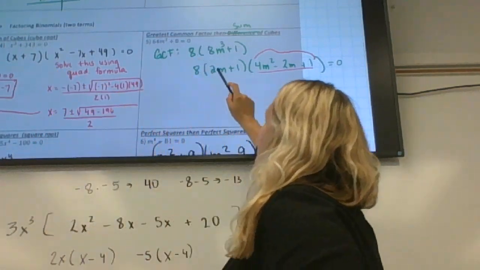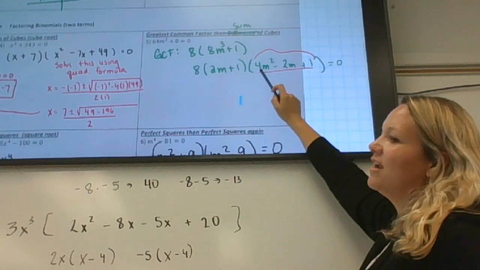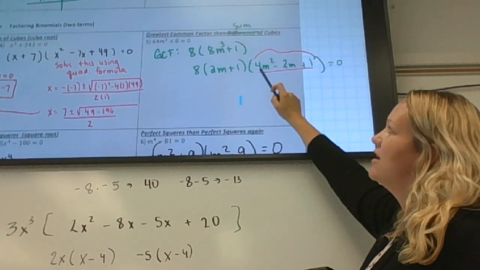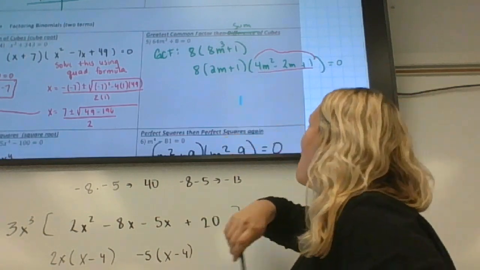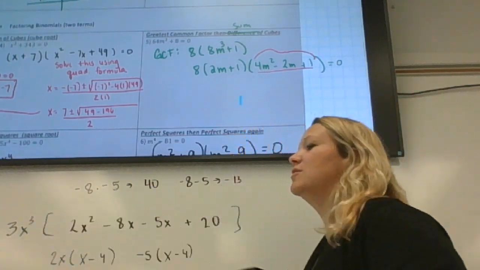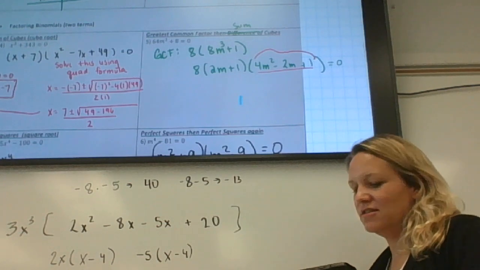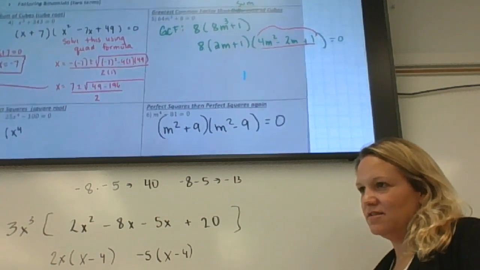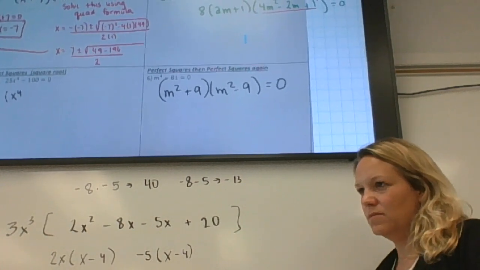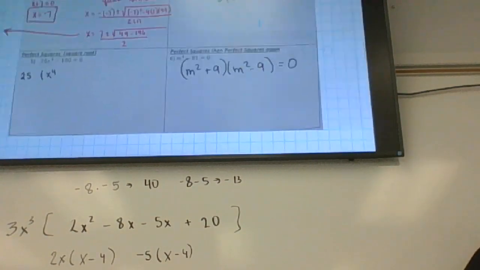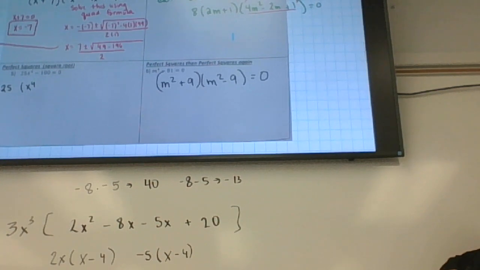This 2m gets squared right here. Look at your cubes that you did. No, you have to do quadratic. You do quadratic formula.